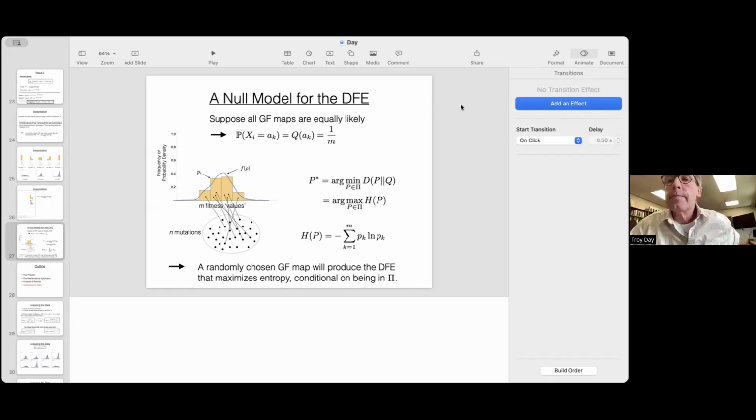Yeah, Axel. Sorry. Yes, thank you, Troy. In the spirit of your methodology, can I compute from the distribution of fitness effects the distribution of fitness in a population, if there is a constraint on the distribution of fitness in the population, given that the fitter ones will have more babies? I'm not quite sure what you mean.